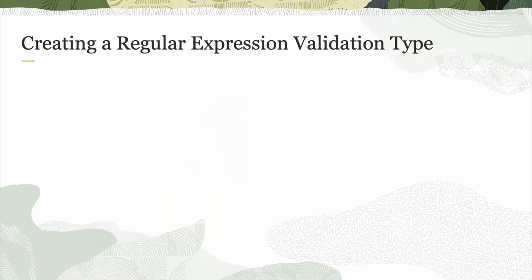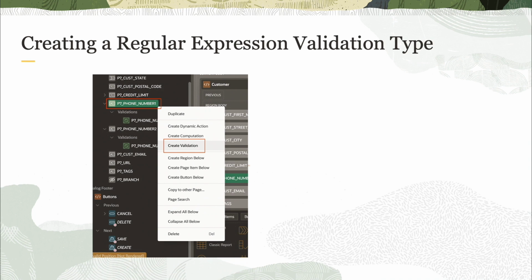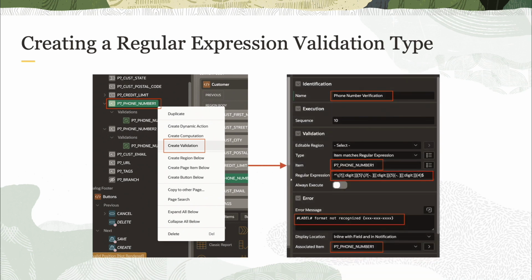Let's get started. Apart from the SQL validation type and PL/SQL validation type, you can also define a regular expression validation type. As you see on the screen, a validation is created on the phone number, and on the right-hand side, the type is item matches regular expression.